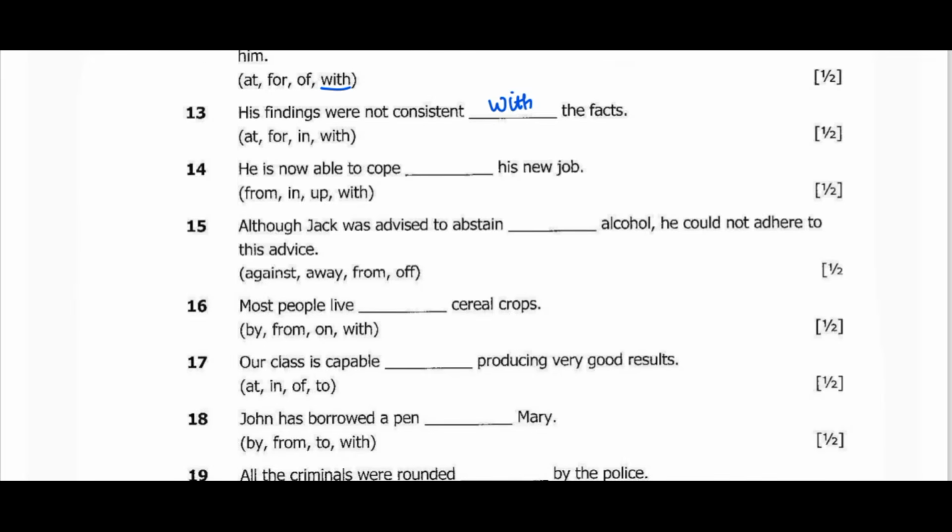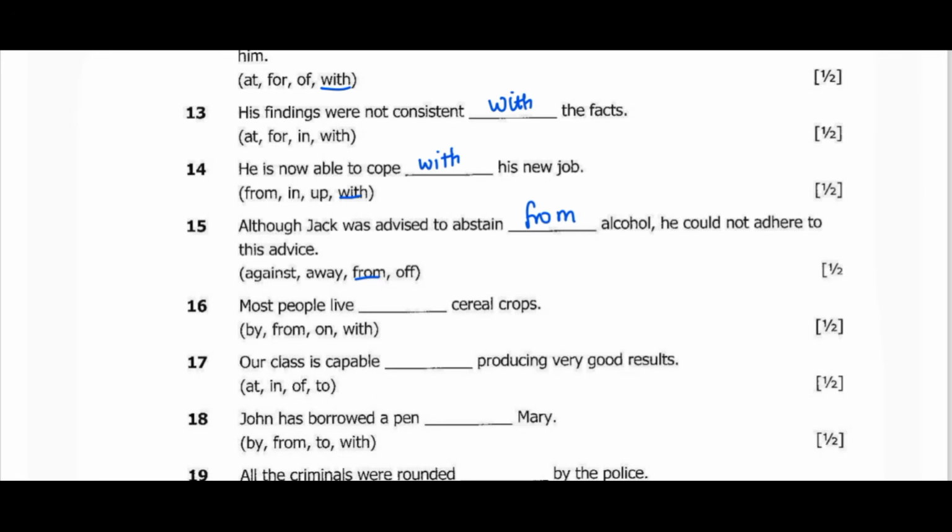Then 14, he is now able to cope. So it's not to cope up, no, it's to cope with, like you adapt. Although Jack was advised to abstain, we abstain from. So to abstain from alcohol, he could not adhere to this advice.